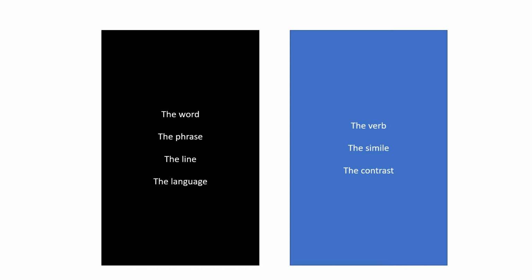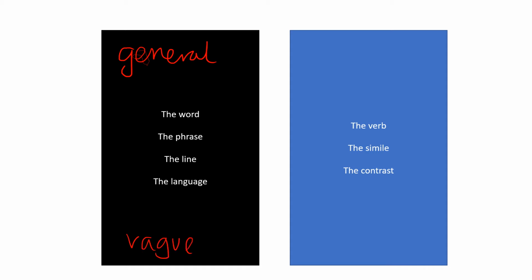Now, there tend to be two types of students when writing about language. You have students who are very, very general about writing about things. And here we've got a typical general student. They're very, very vague with what they say.